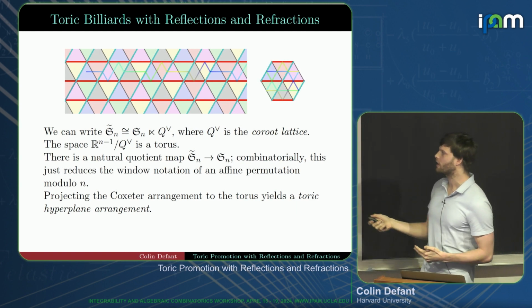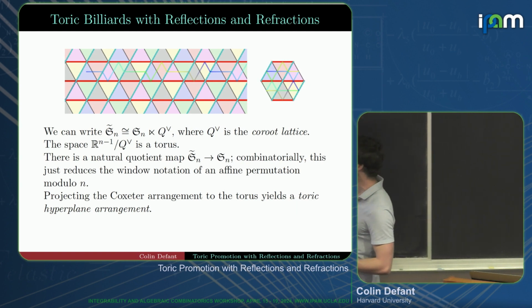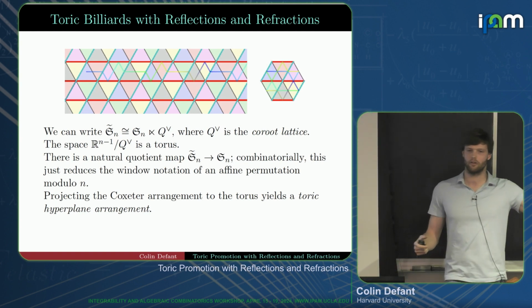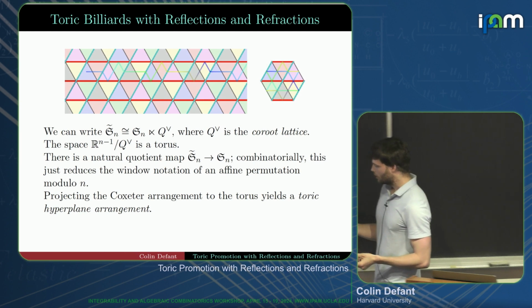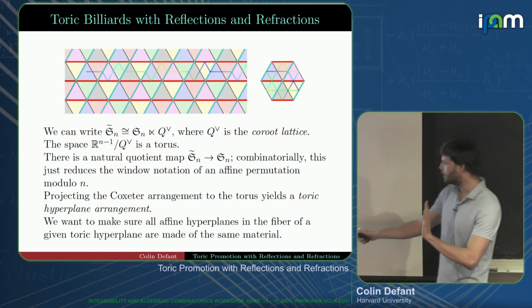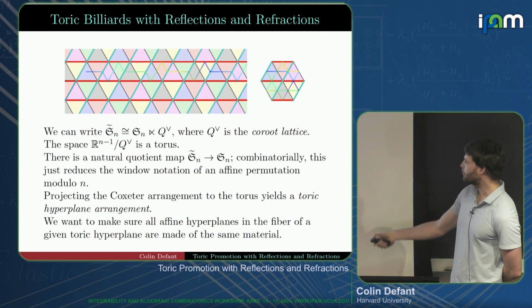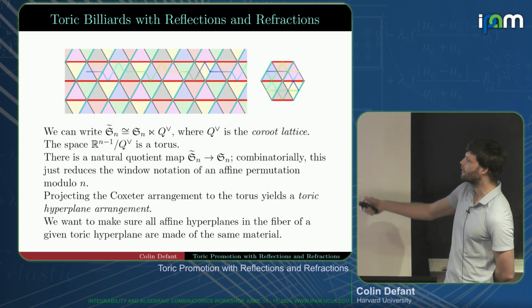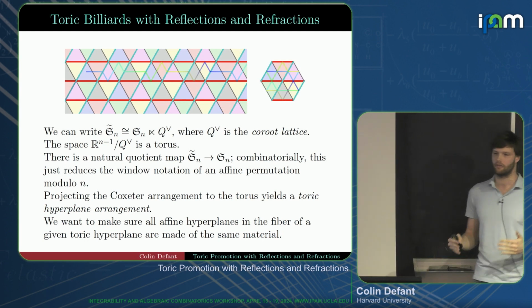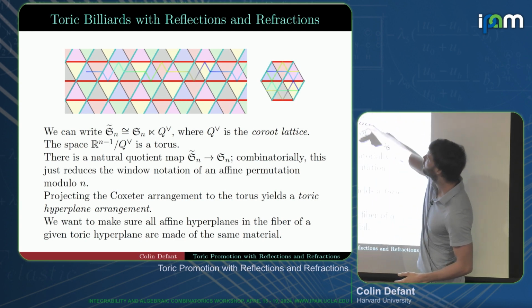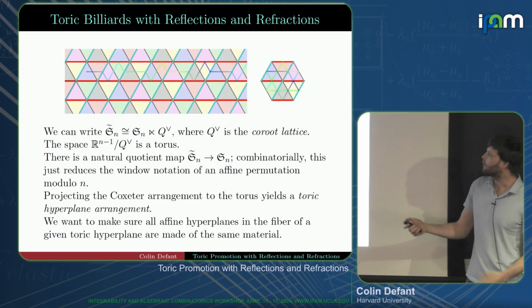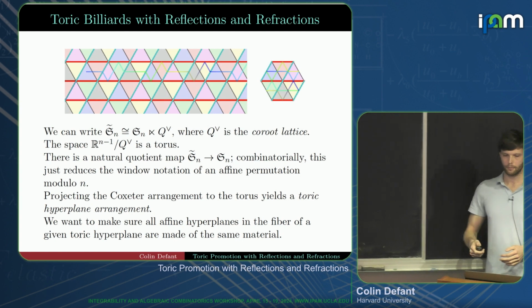And in order for that to make sense, I want to assume that for every toric hyperplane, all of its pre-images under the quotient should have the same material. Okay? So I'm going to make that assumption in what follows. But this is really equivalent to just saying that in this affine picture, I want parallel hyperplanes to have the same material. So for example, you can see all of the horizontal lines are red, and so they are all mirrors. Okay?